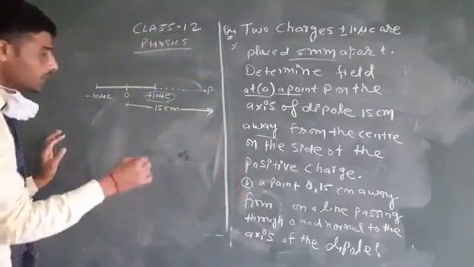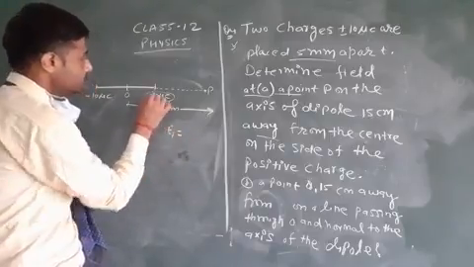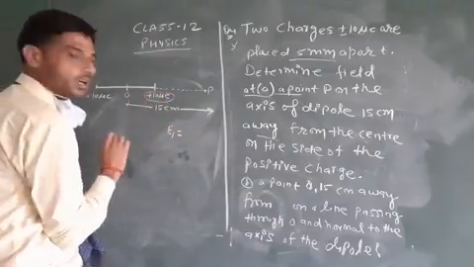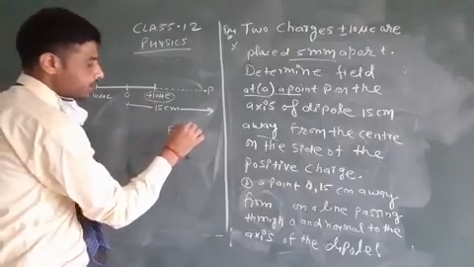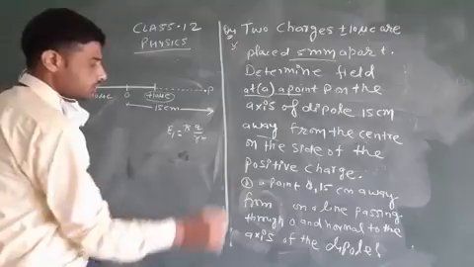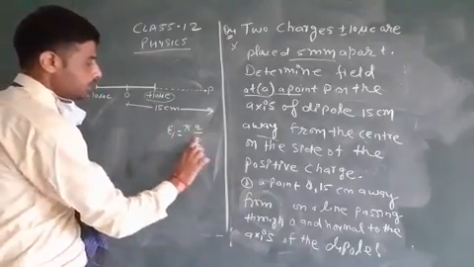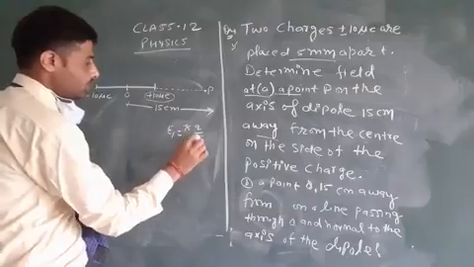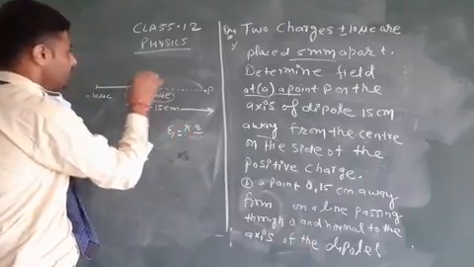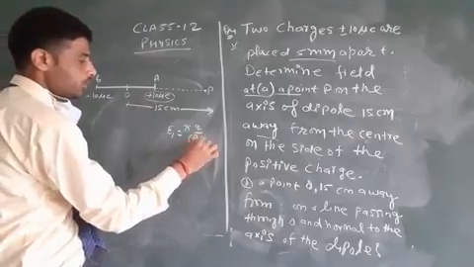First, you can find intensity E1 due to the positive charge. It means Q upon R square. R square means, let this be AB, so this is AP whole square.